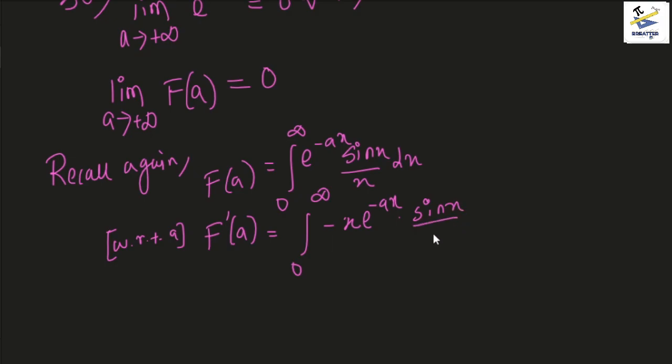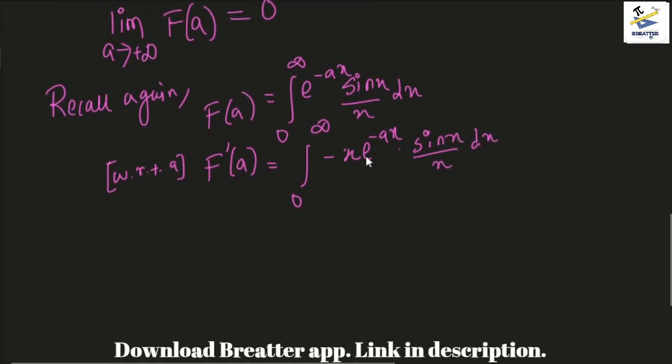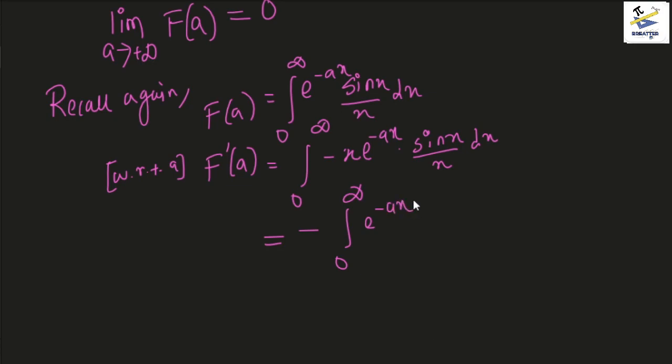And I would state Leibniz rule of differentiation here after I write this thing. So this basically becomes minus integral 0 to infinity e to the power minus x into sine of x by x dx.